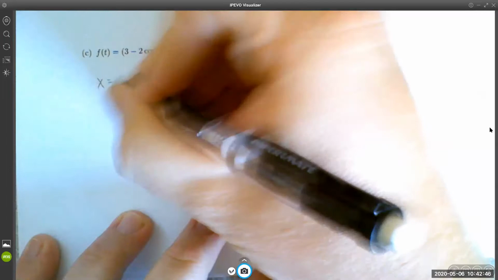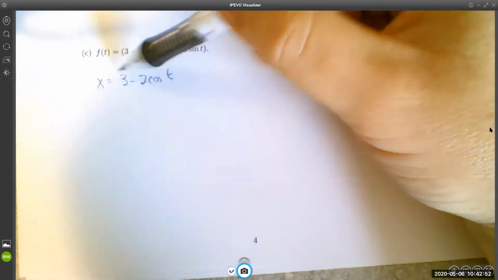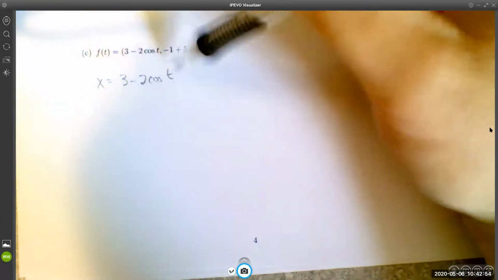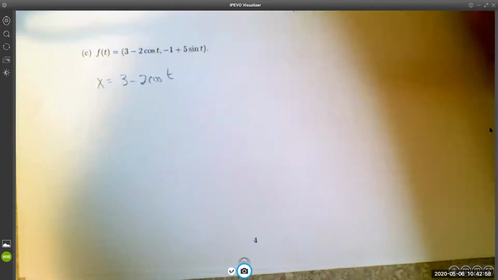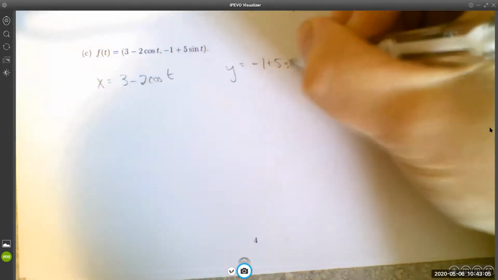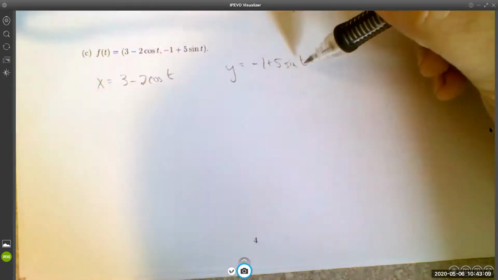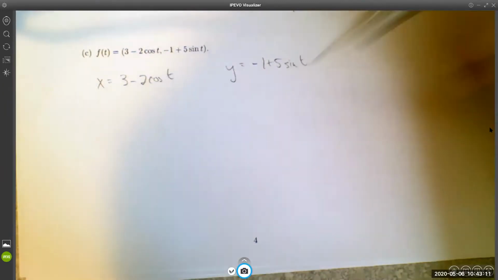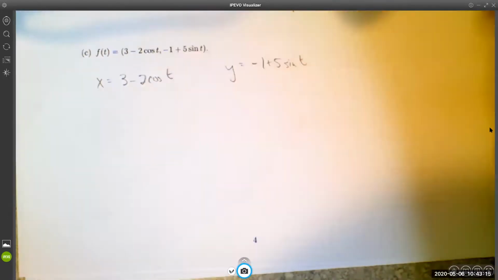So I have x equals 3 minus 2 cosine t, and I'm thinking if I square it the way it is now, I'm going to get a cosine squared, but I'm also going to get a cosine. And same thing with this one. It's y equals negative 1 plus 5 sine t. If I square it the way it is, I'm going to get a sine squared, which is good, but I'm also going to have a sine to the first, and that's not so good. Because it's not easy to relate cosines and sines.